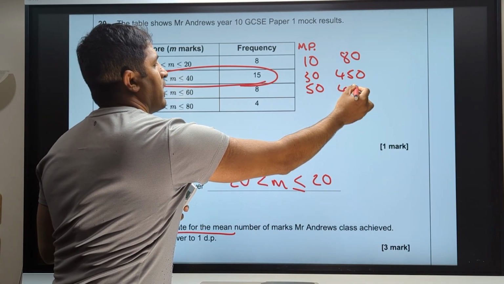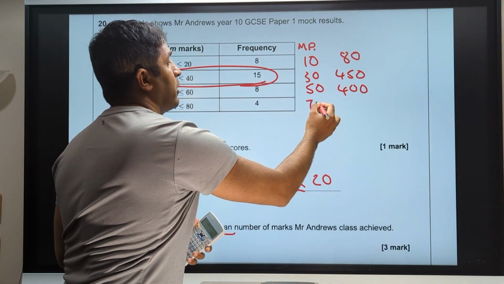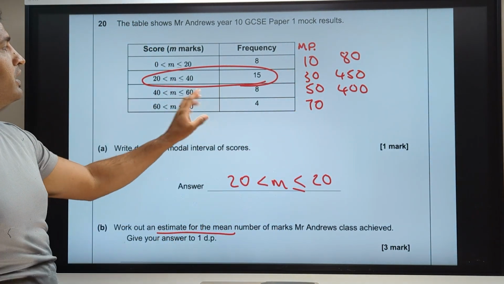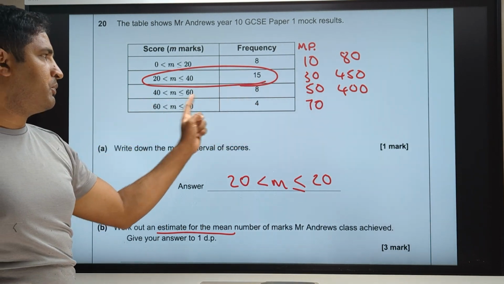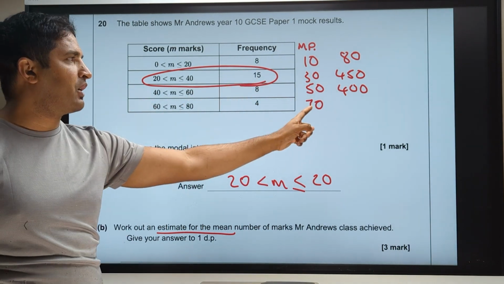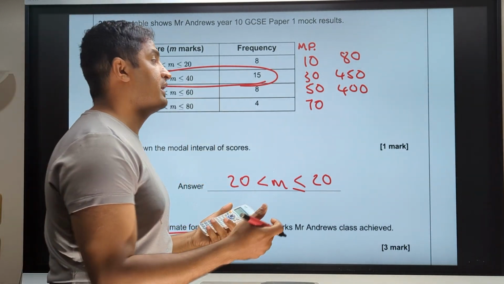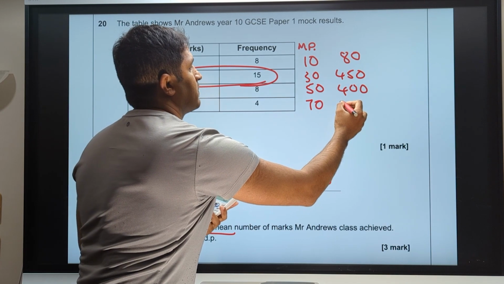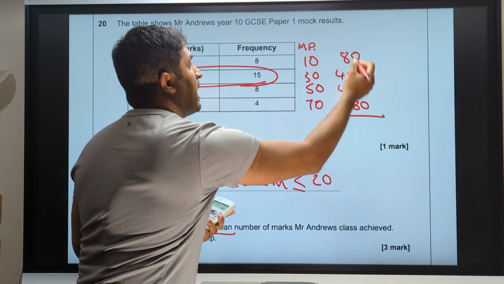That's 400. These 4 people scored 70 marks. We're assuming again midpoint. That's the reason, because we have no idea how much each one of these people scored. We're assuming that all 4 of those would have averaged out to 70, and that's why it's called an estimate, because we're just estimating it. Okay, and 280. And then we add all the scores.